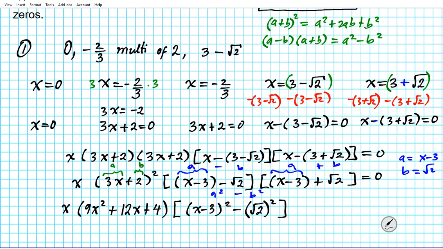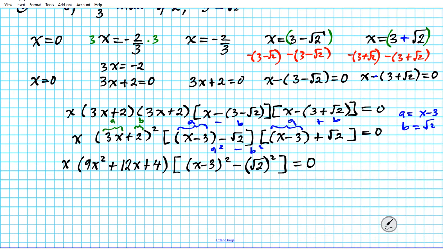Okay? So this really hastens the computational process and also reduces the chances of making mistakes. Okay, so we have that right there. And now we're going to go ahead and expand further. If you have any questions on any part of this tutorial, just feel free to include your question in the comment section below, and we'll be more than glad to clarify.